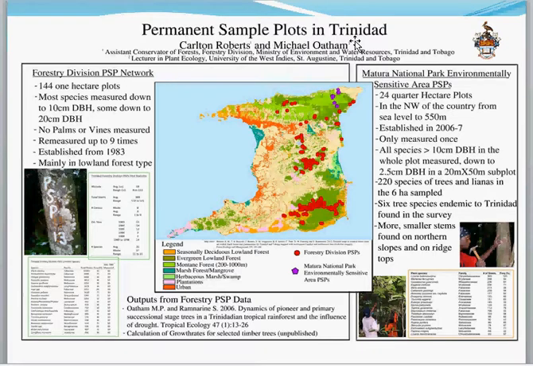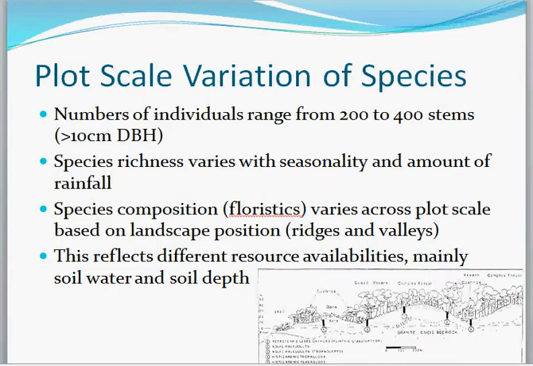Between 40 and 80 is a fairly characteristic number of species in Central America, Northern South America and the Caribbean. Over 300 species have been found in 1 hectare plots in the Western Amazon, as I said.